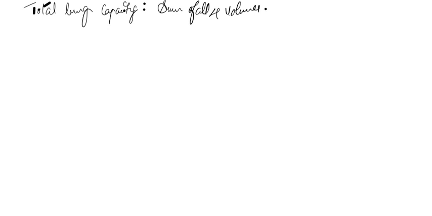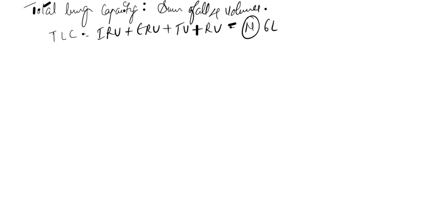TLC, or total lung capacity, is equal to IRV plus ERV plus TV, tidal volume, plus residual volume, that is equal to how much? Normal 6 liters. So this is the lung capacity, 6 liters.